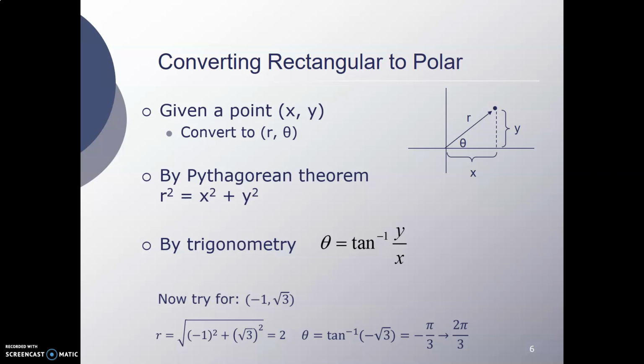So with the theta, you might need to take the other position if it disagrees with the quadrant. You always want to confirm that the positioning of your polar matches the positioning of your rectangular. As long as it's the correct quadrant, they're going to match. It's not like they're going to both be in quadrant 1 but not equal each other. So this was a pretty straightforward conversion, giving 2 comma 2 pi over 3.